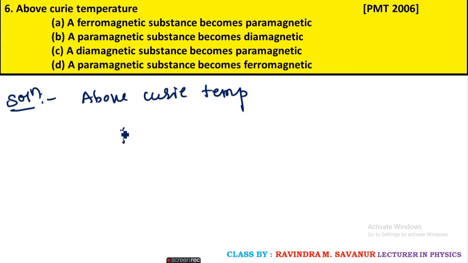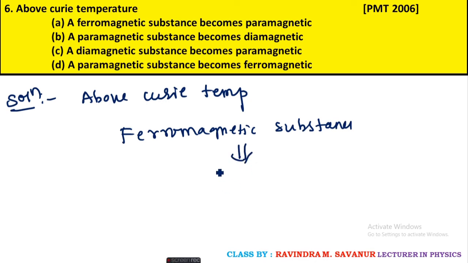Above the Curie temperature, the ferromagnetic substance becomes paramagnetic material. So option A.